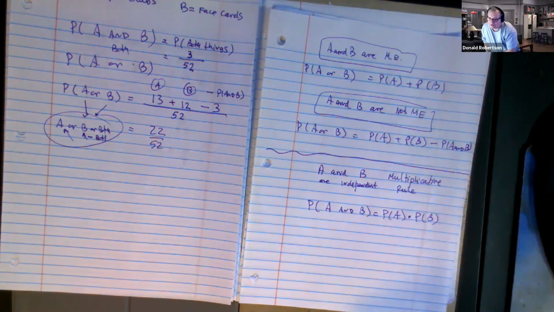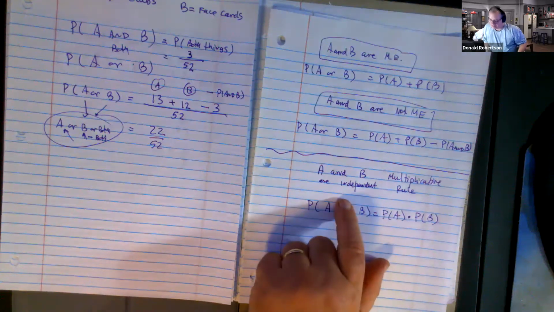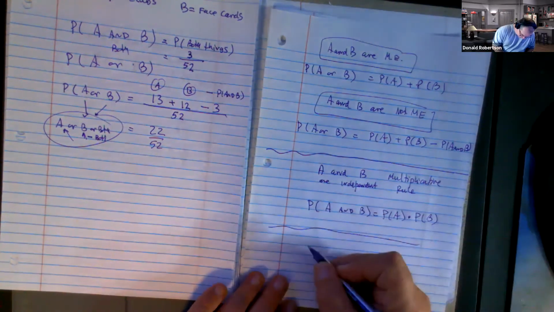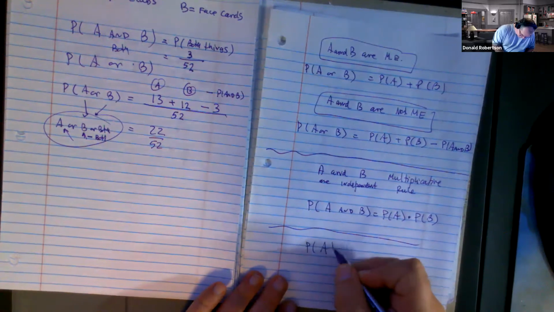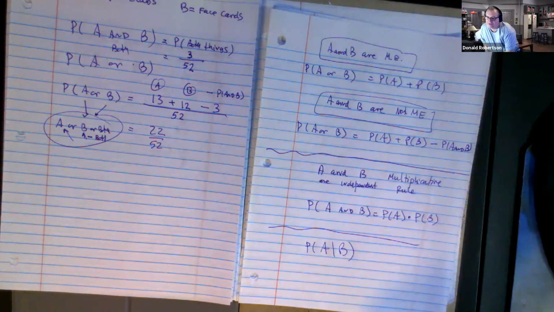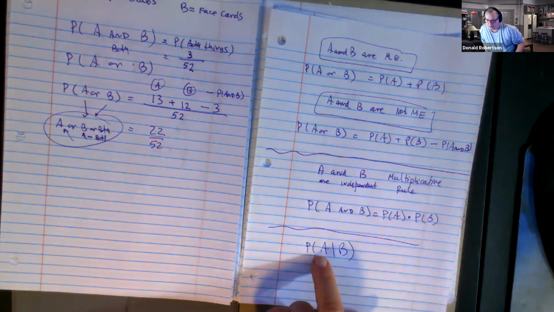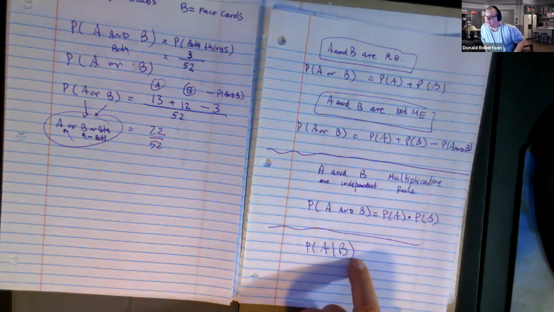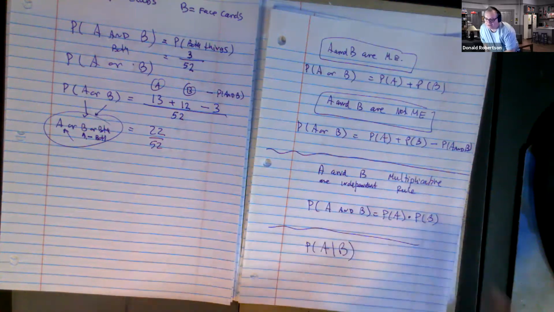Now, if they are not independent, if they are dependent, then that rule doesn't work. You have to calculate what are called conditional probabilities. So if A and B are not independent, you don't find A and B directly. For the question A and B, you could do it by counting, I guess.